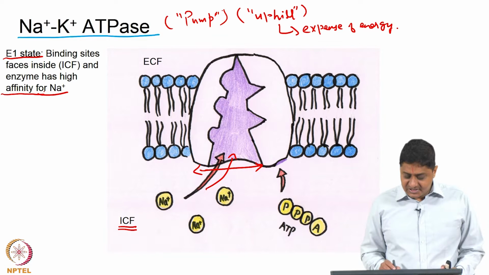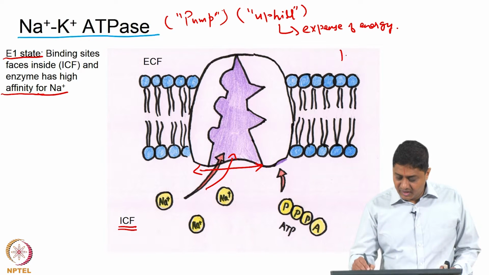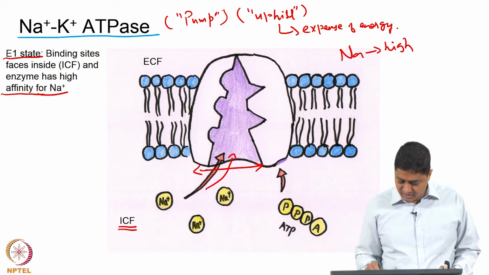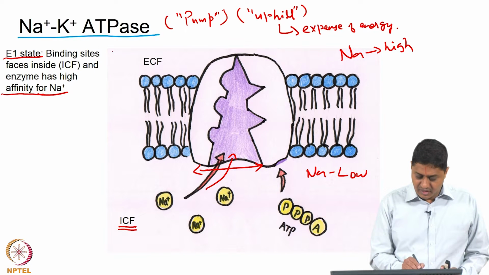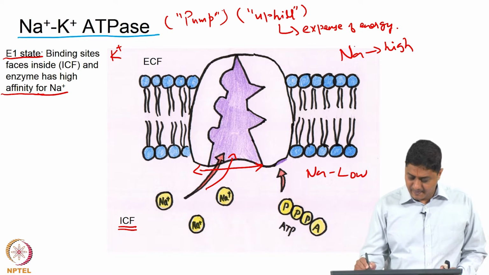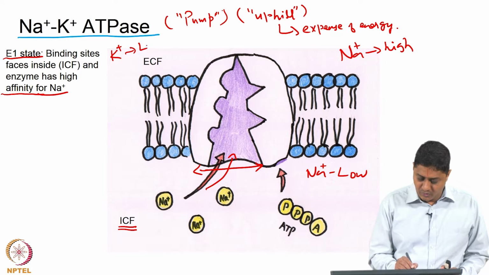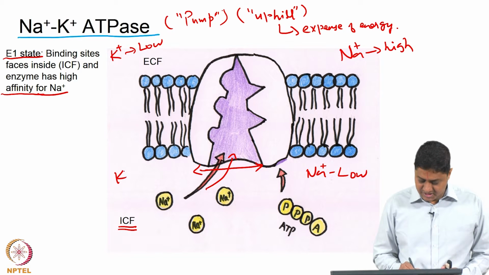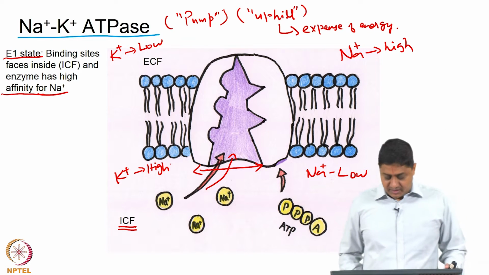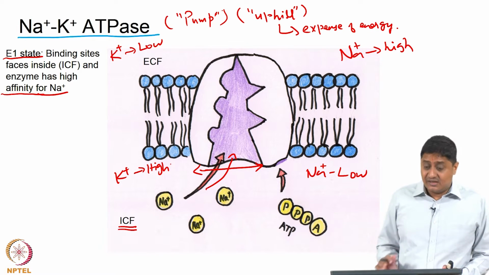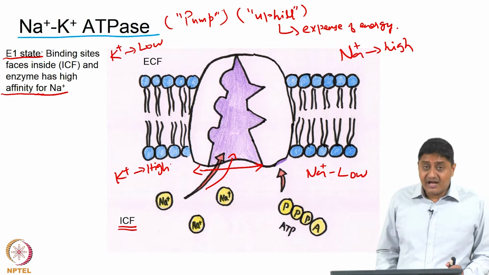Let us remember, sodium is high outside and low inside, and potassium is low outside and high inside, right. But this pump has high affinity for sodium in this E1 conformational state.